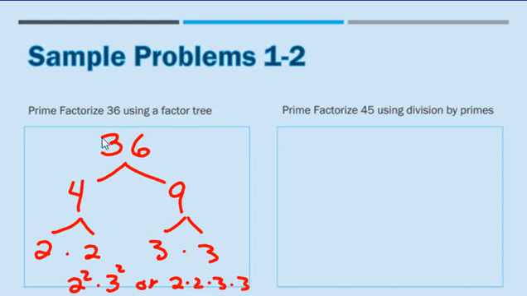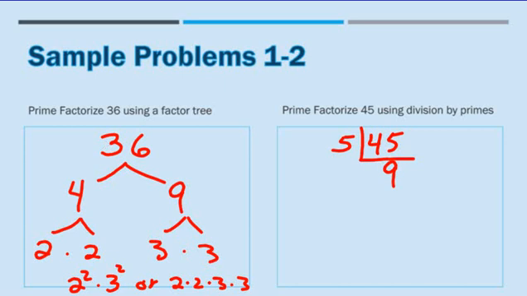Another method of prime factorizing is using division by primes. You're just dividing by a prime number. So if I start off with 45, we're going to draw our box, with the division sign upside down. We're going to divide by a prime number. So I'm going to take 5. 45 divided by 5 is 9.